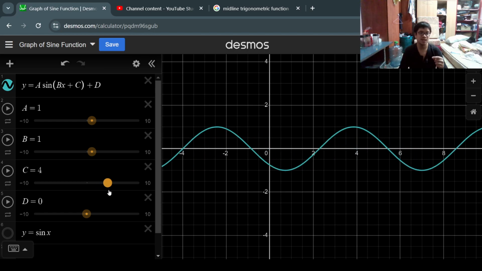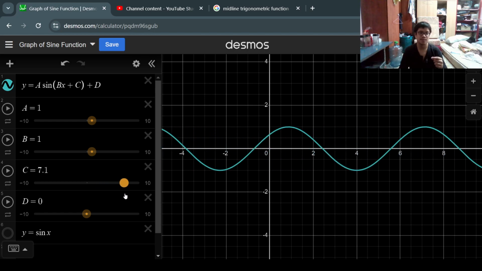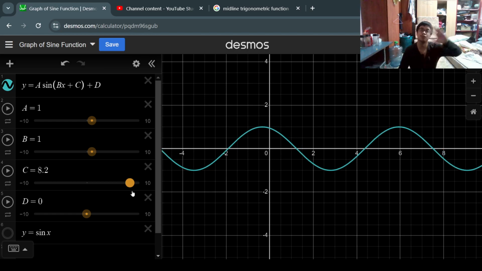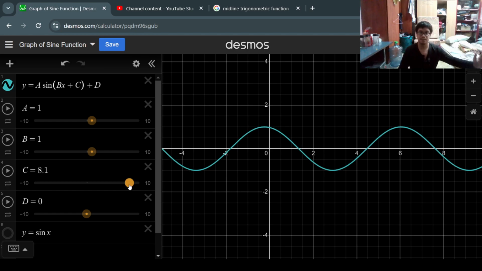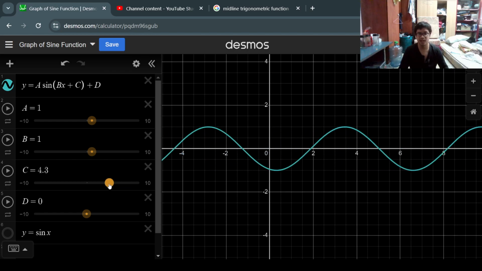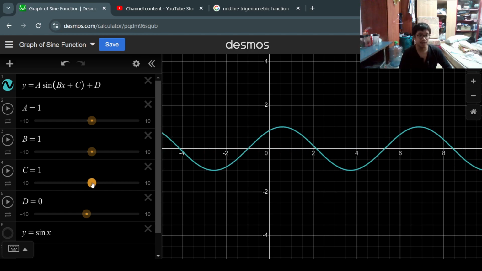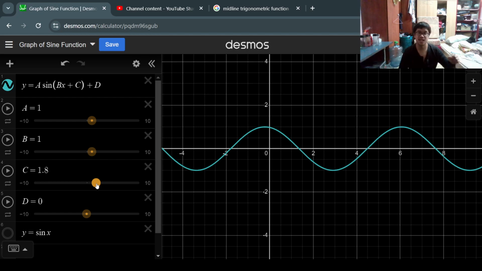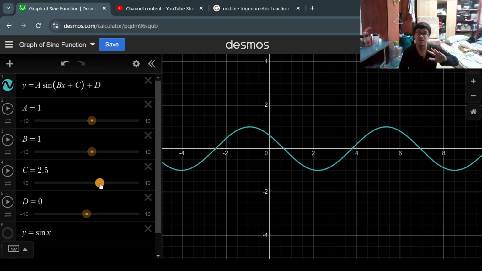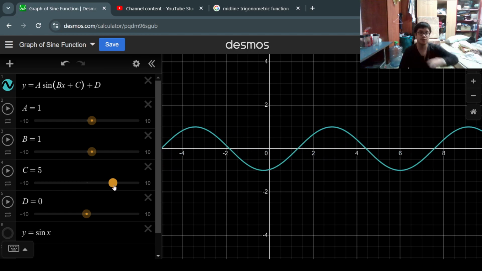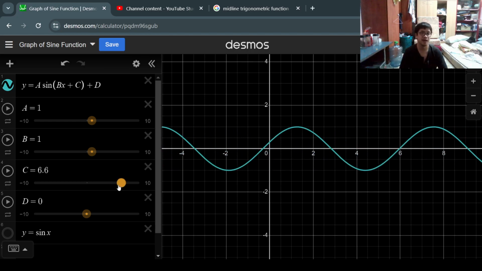The more I increase it, the more it will move to the left. It seems contradicting because if it's positive, it should be going to the right. But here, if your C is positive and you increase it, the graph will move to the left.